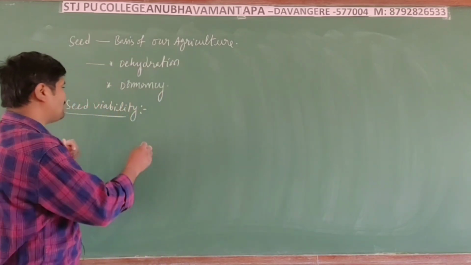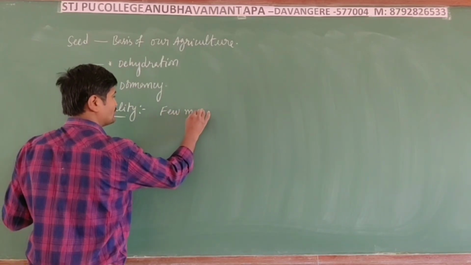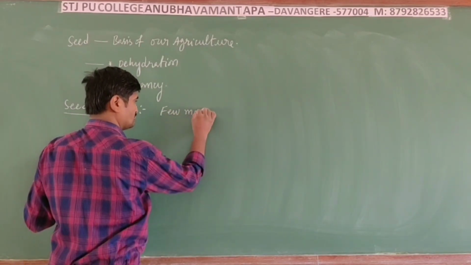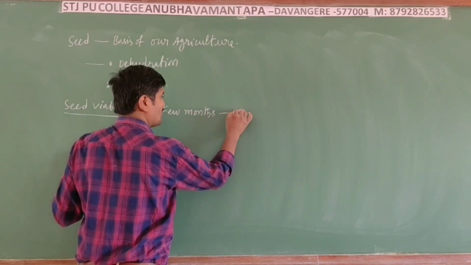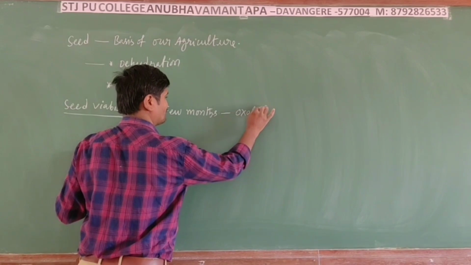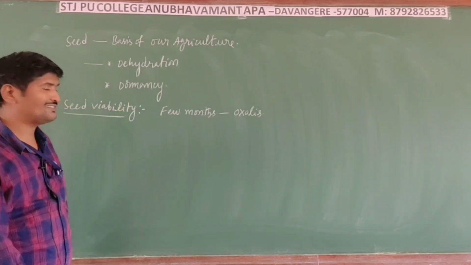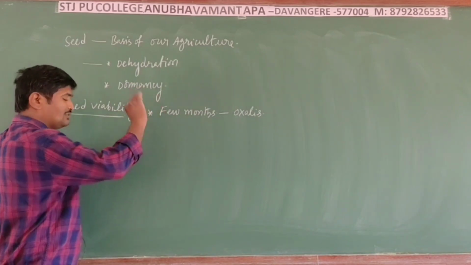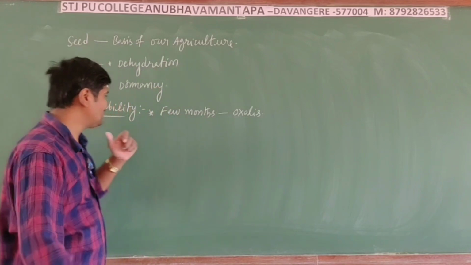Okay, the best example for a few months: Oxalis. Next one, the number of years, that is thousands of years. What is the best example here?